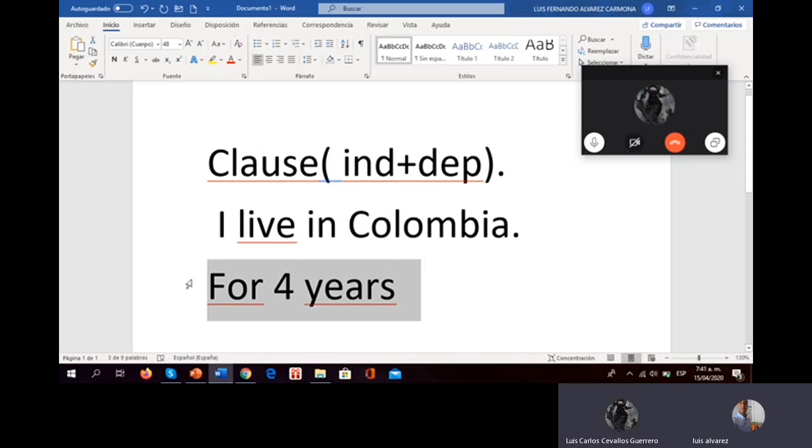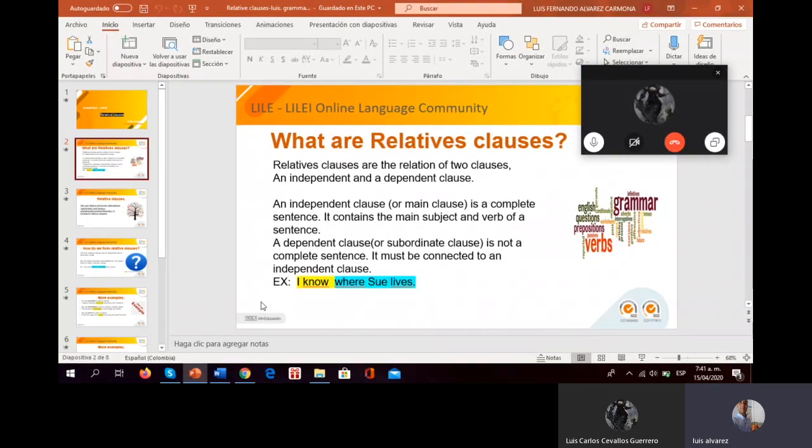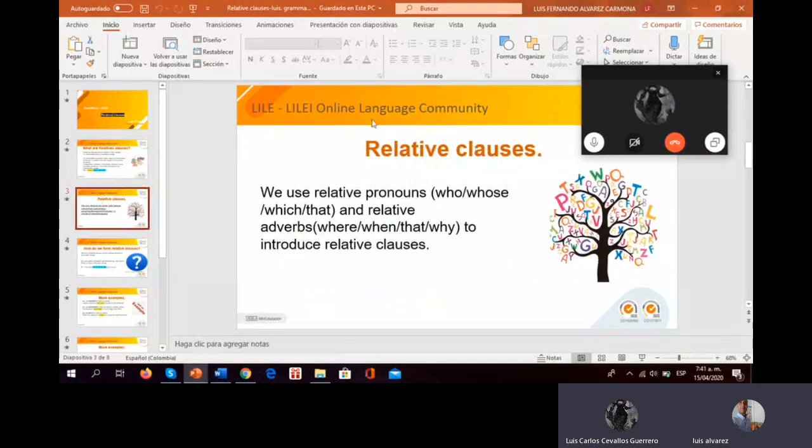Yeah, teacher. All right, very good. So now going back to our main lesson, it is clear that a relative clause is the connection of independent and dependent clauses, okay? Okay, teacher. All right. Now we are here. Luis, could you please read this aloud?